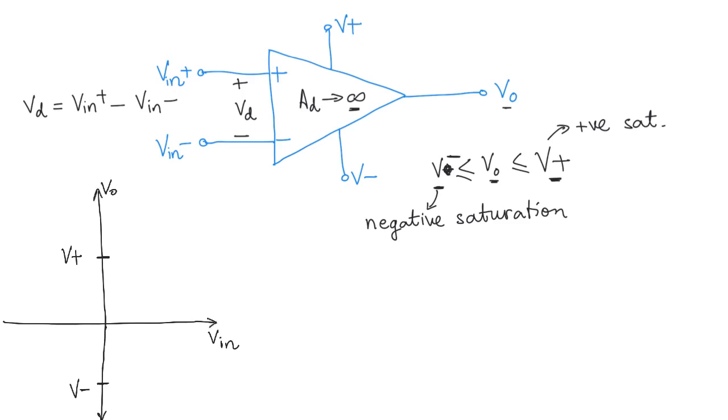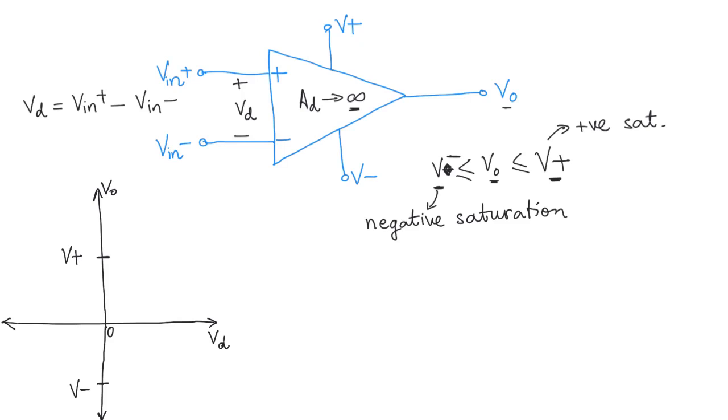And similarly, V in positive and V in negative, that's 0. Okay, so now what happens? Whenever V in, okay, a mistake here. This is not supposed to be V in. I'm supposed to write VD here, right? Because the output only depends on the difference of the voltages, VD. It doesn't matter what V in plus or V in minus is. So the input is VD.